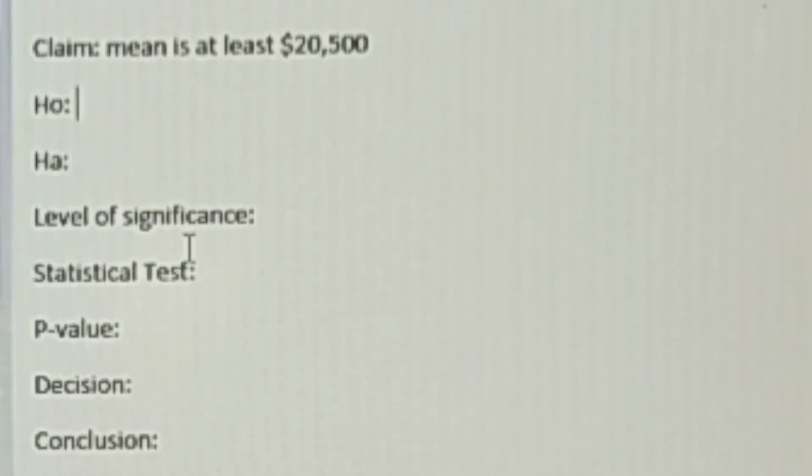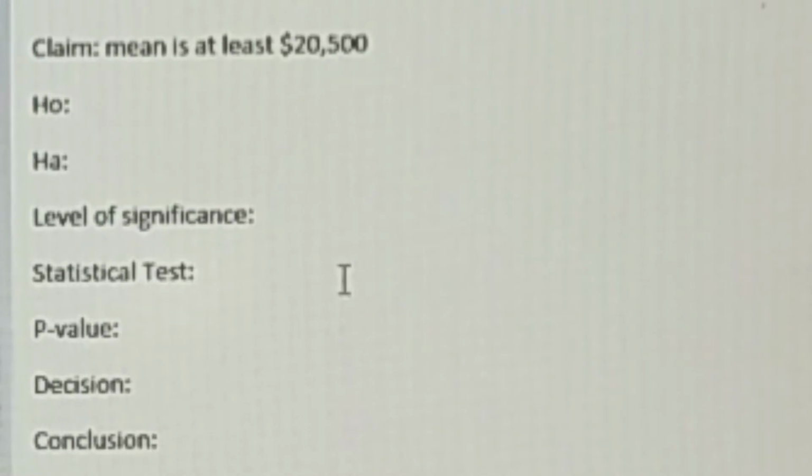Now, where can we put this claim? I told you earlier that at least means greater than or equal, so this statement will be put in H0.